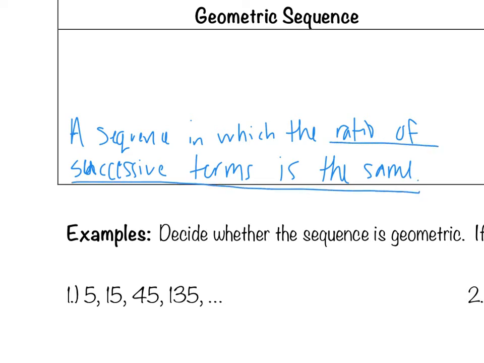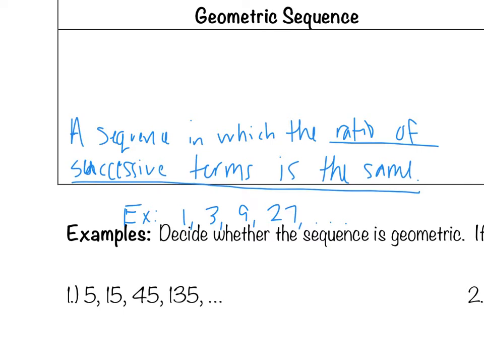So instead of having the same thing being added or subtracted, the same thing is going to be multiplied or divided each time. So that's what makes it geometric. For example, if I had the sequence 1, then 3, then 9, then 27, you can clearly see that the same number is not being added or subtracted every time.